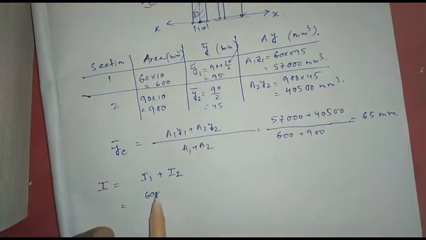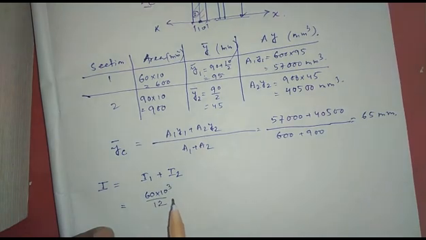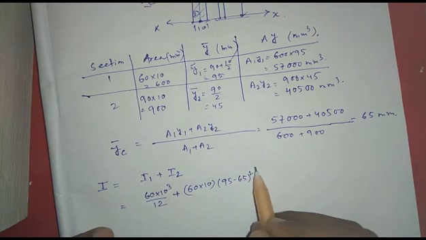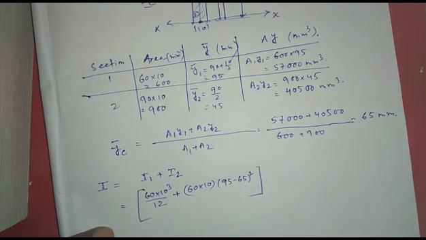It is b h cubed by 12, the moment of inertia of section 1 about the axis x1, plus, by applying the parallel axis theorem, the area of the rectangle into the square of the distance between the axes. So this is basically your I1.